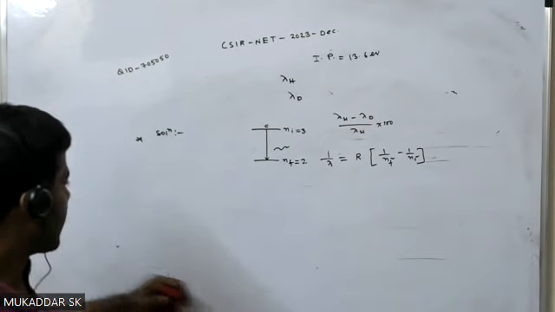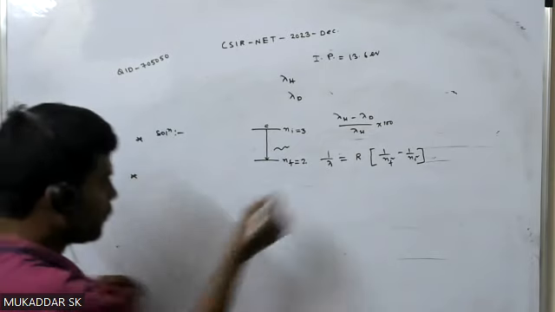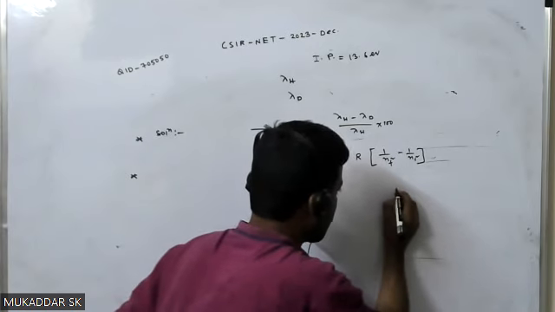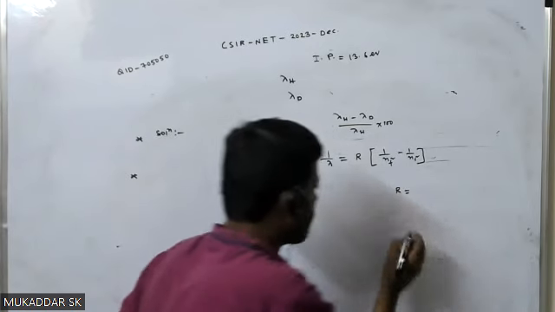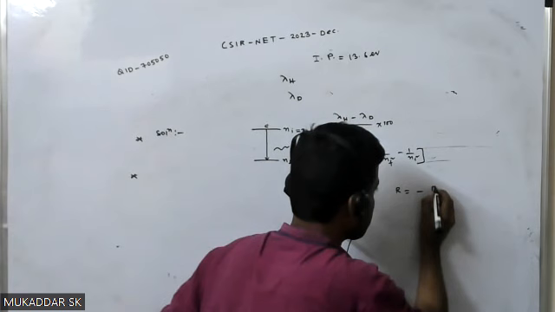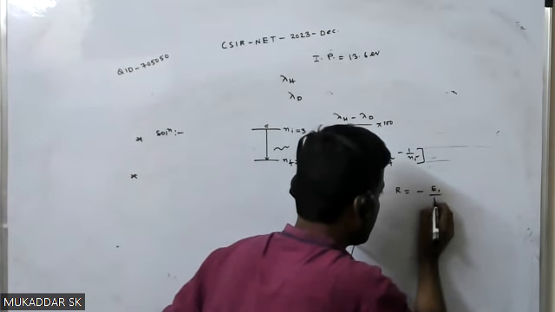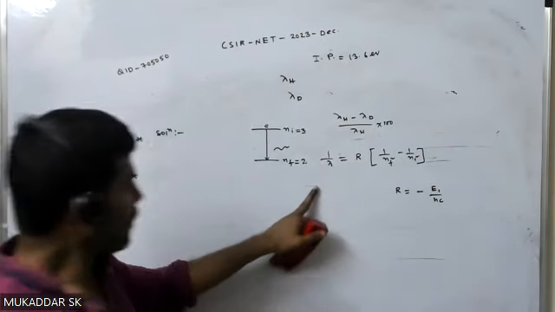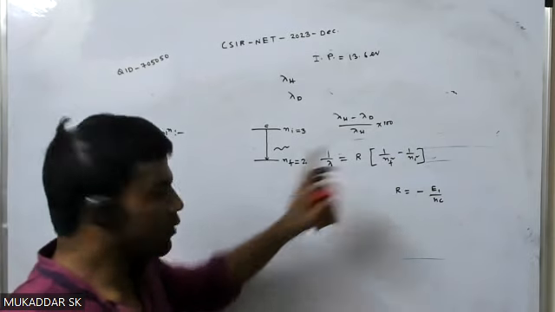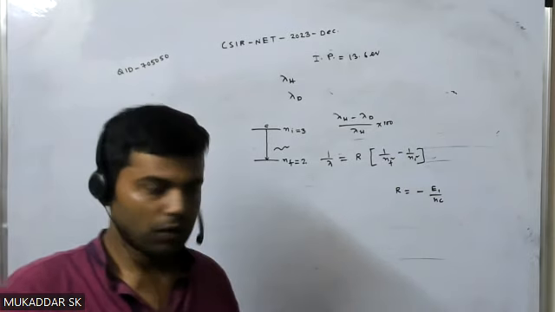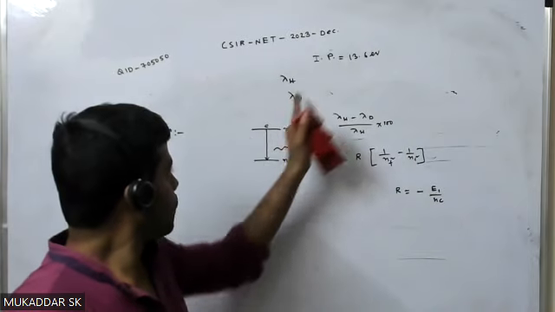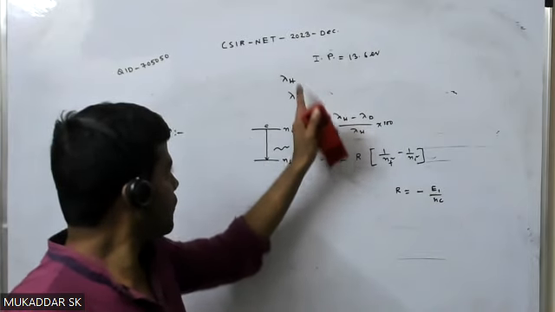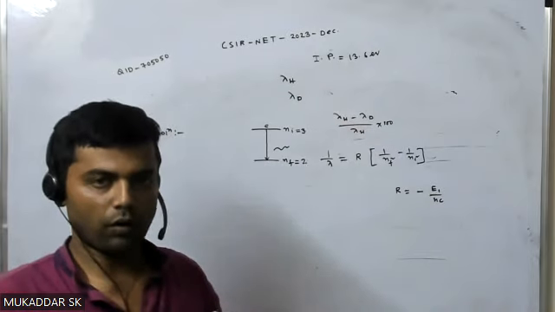If you write this Rydberg constant, it is also important: this will be minus E1 by hc. Remember, I have not included the Z value here, because for both hydrogen and deuterium Z is 1.